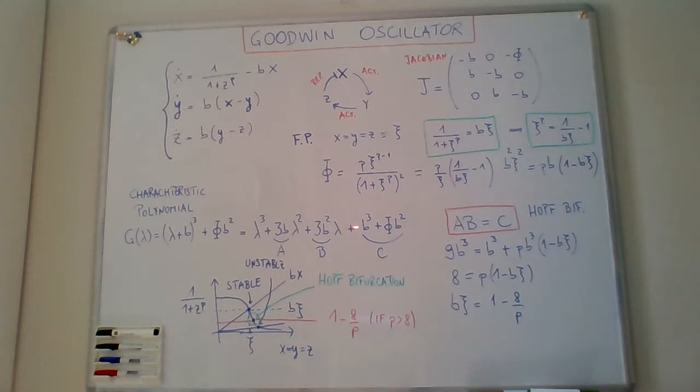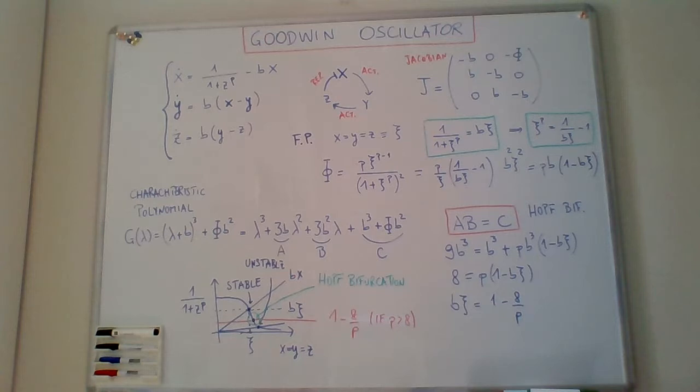And then I set it equal to C, and C is here, so it's b to the third plus phi, and instead of phi I replace this expression for phi, and this gives me this term. And in a couple of steps I can solve this equation, and I find that I have a Hopf bifurcation when b times xi is equal to 1 minus 8 over p.